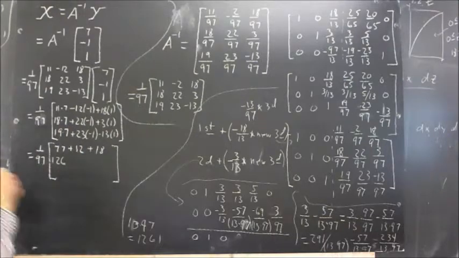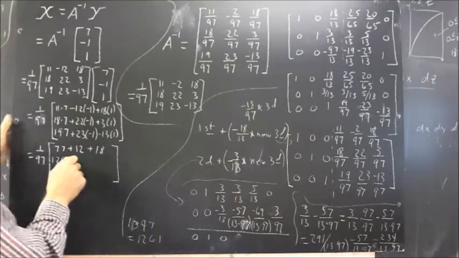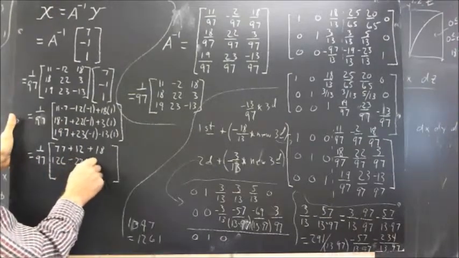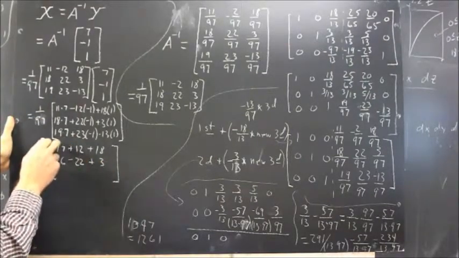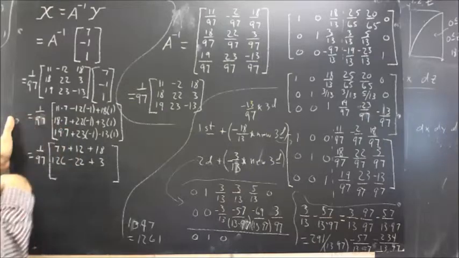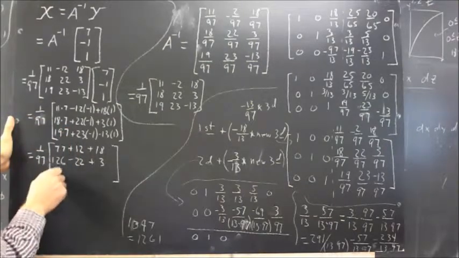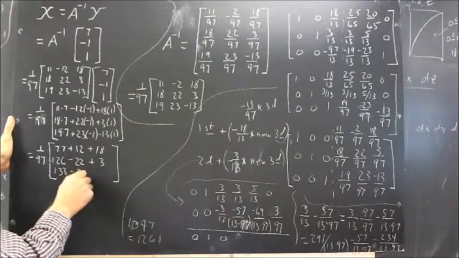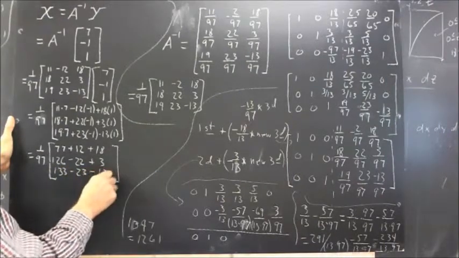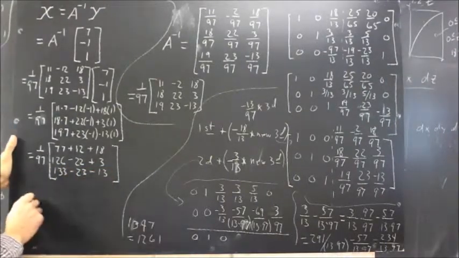Subtract 2 times 7, 126. It works out. Minus 22 plus 3. And then 19 times 7, well, that's 20 times 7 minus 7. 140 minus 7, 133. Minus 23 minus 13.